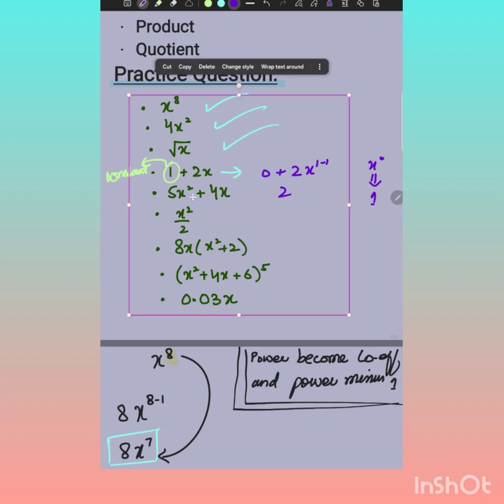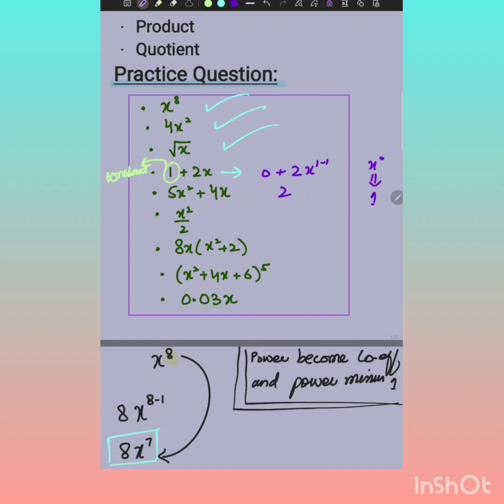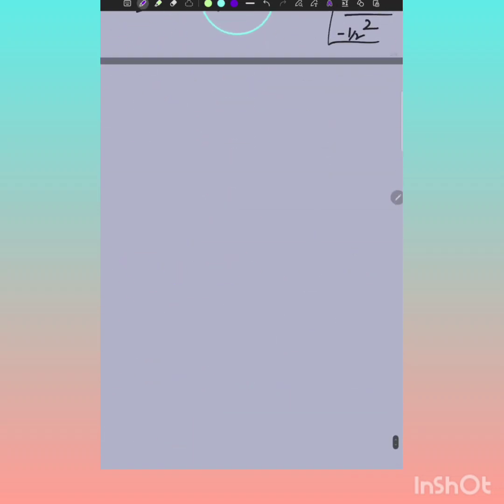Now we will solve this. 5x square plus 4x separately. We can solve it. Now we're gonna make some changes in our font like this. 5x square plus 4x. As you see this is an addition term. So we can take the derivative of 5x square, then we will take the derivative of 4x, and put the plus sign between them.